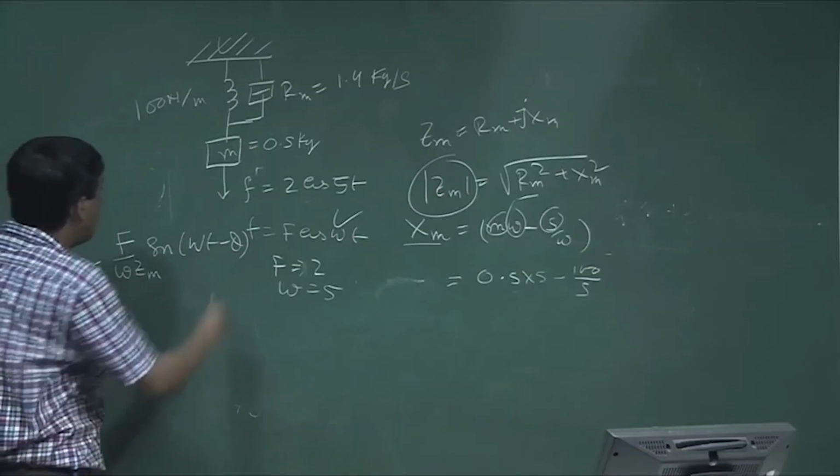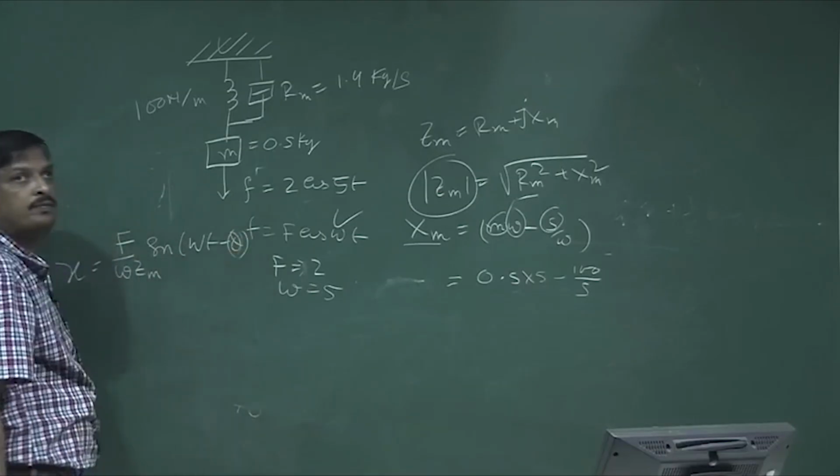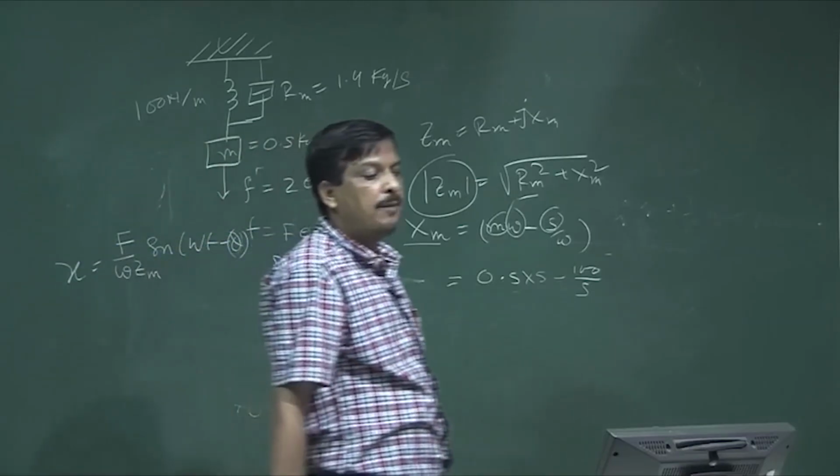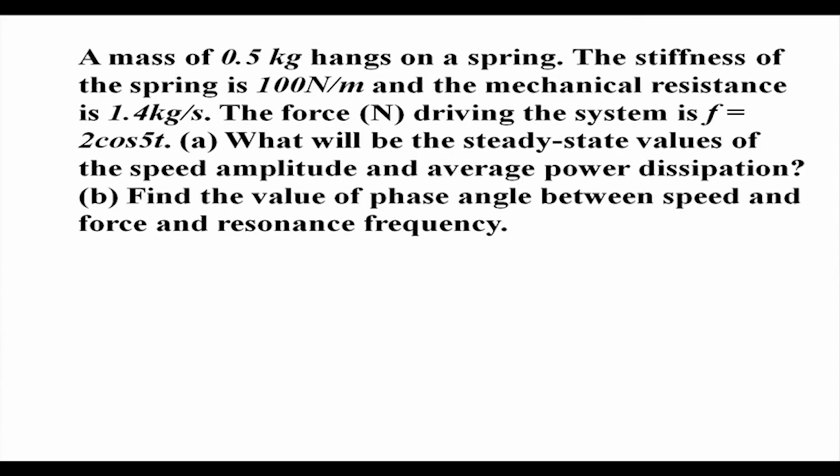So I have to know phi first. Phi is the phase angle between the speed and force. Then I also have to find the value of the resonant frequency.